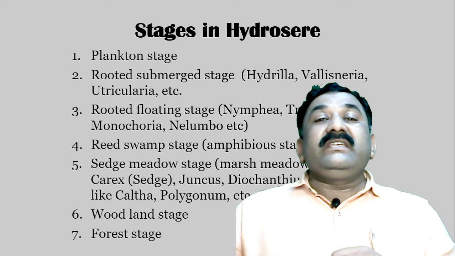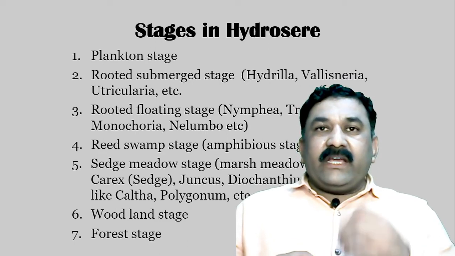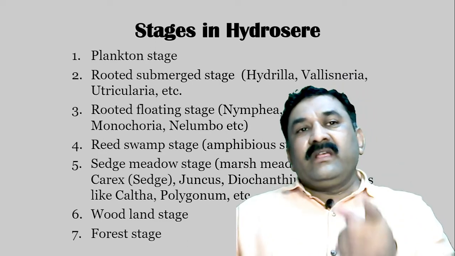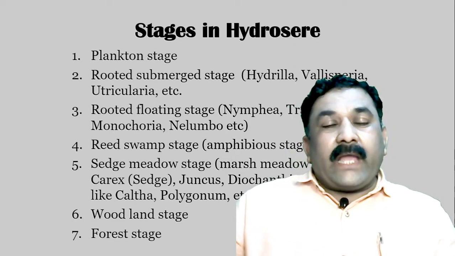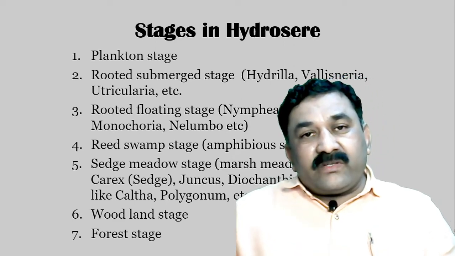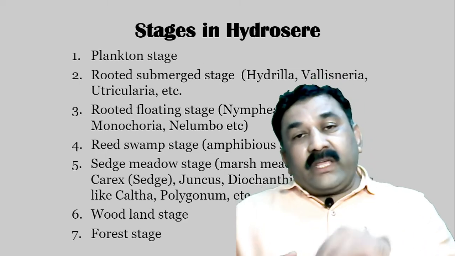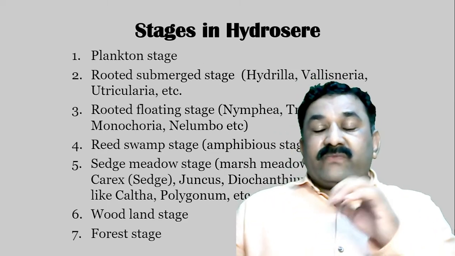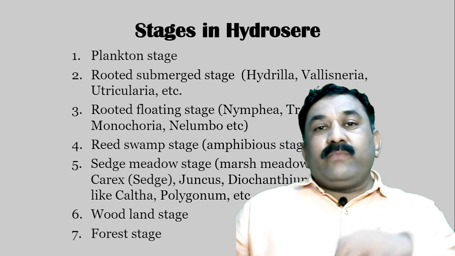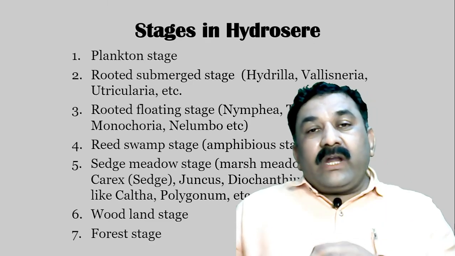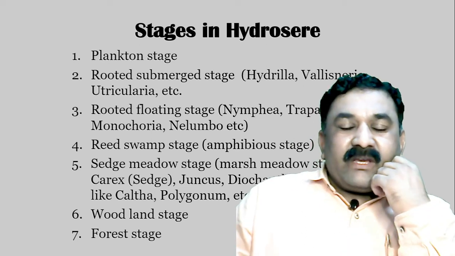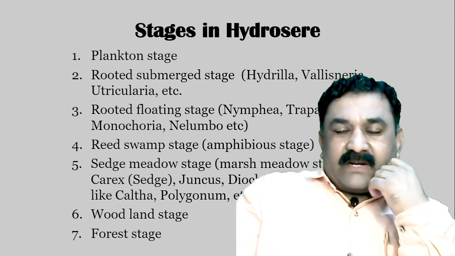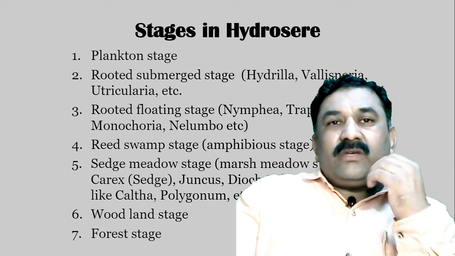In the hydrosere, the first serial stage is the plankton stage, then the rooted submerged stage, rooted floating stage, reed swamp stage, sedge meadow stage, then woodland stage, and finally the forest stage.